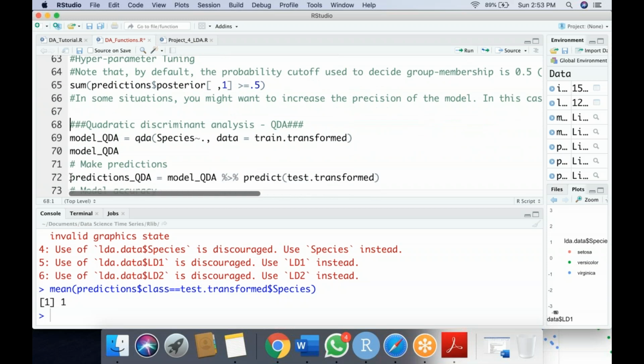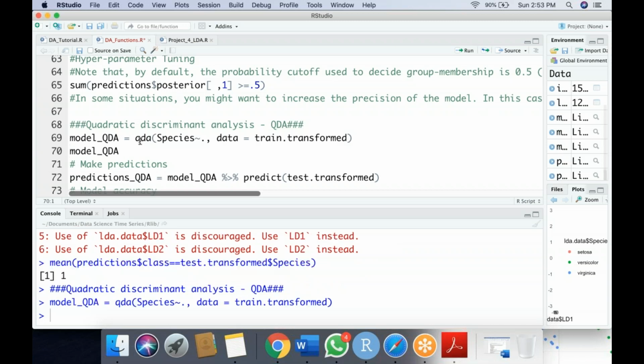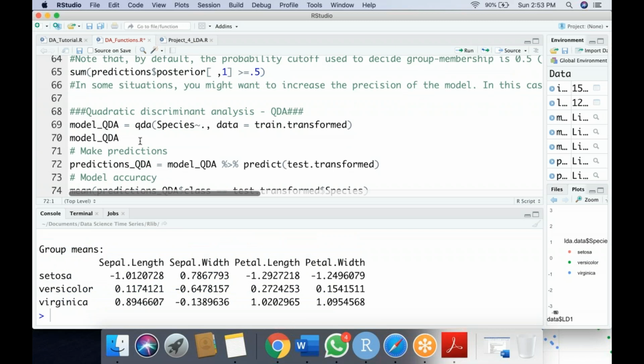So that was about LDA. Now quickly I will show, because these are not part of our major agenda of the day, but I wanted to show it to you. Yesterday we talked about various other models of discriminant analysis, like quadratic discriminant analysis. It goes the same way using MASS, and here instead of LDA you write QDA, and you will get a QDA model.